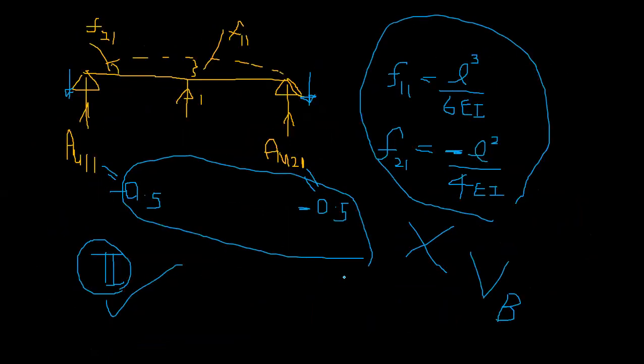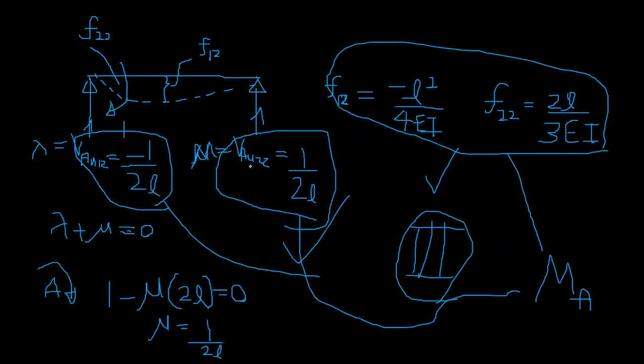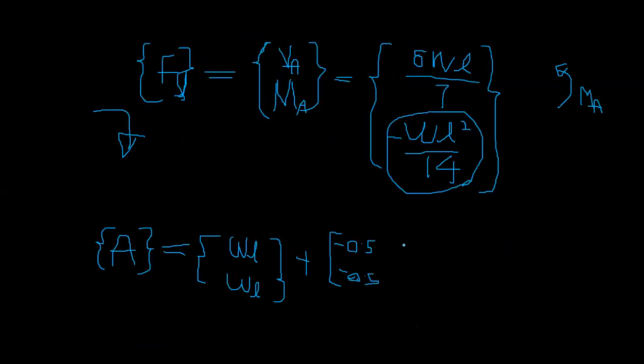And here it was minus 1 over 2L, AU1. Here it was plus 1 over 2L into F, right?